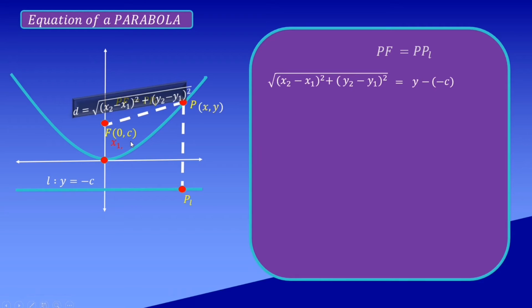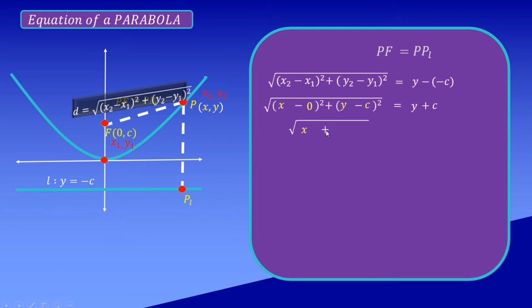Then the points here, let's say x sub 1, y sub 1, then x sub 2, y sub 2. Then i-distribute natin, then x sub 2 is x, x sub 1 is 0, y sub 2 is y, then y sub 1 is c, is equal to, then get the product, negative times negative, that is y plus c.